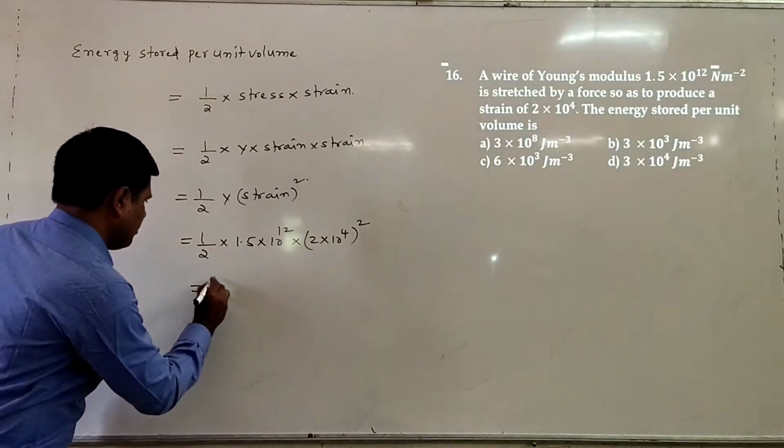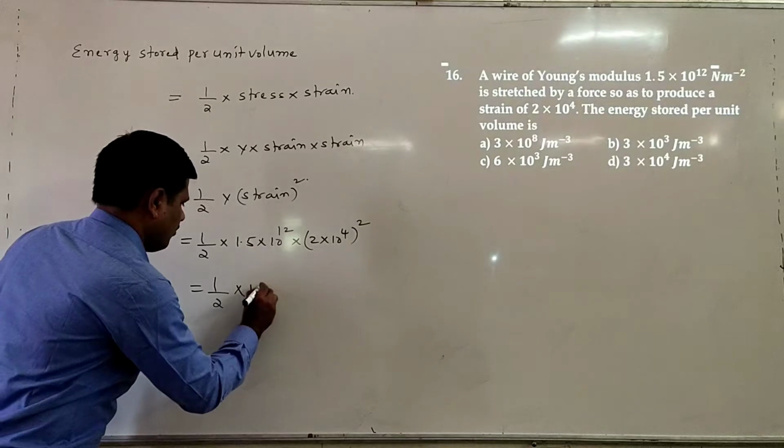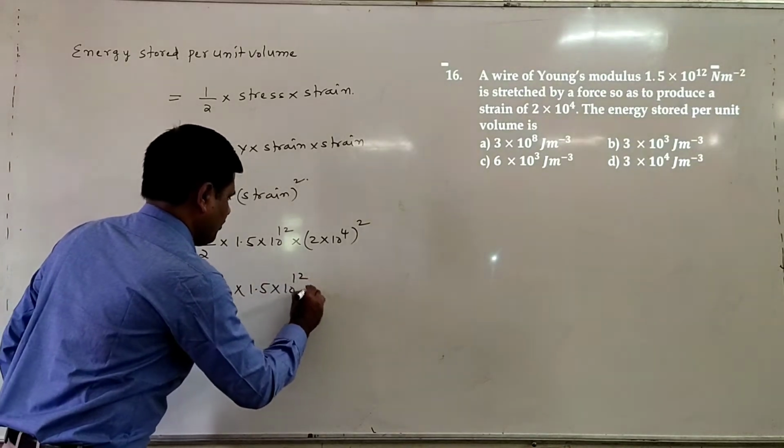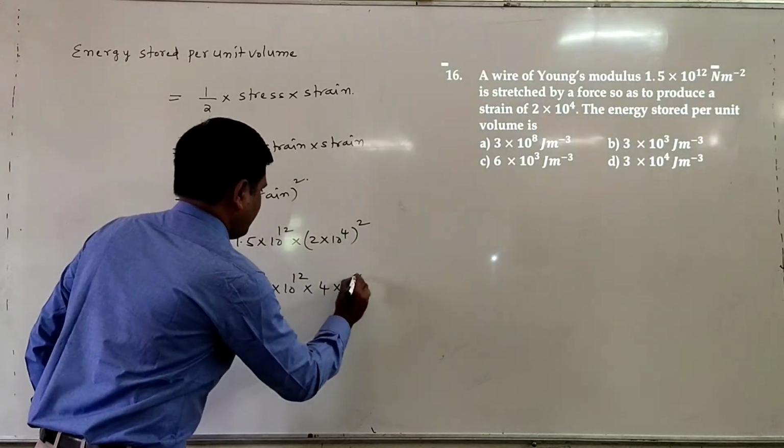Now this value is equal to 1 by 2 into 1.5 into 10 power of 12, into 4 into 10 power of minus 8.